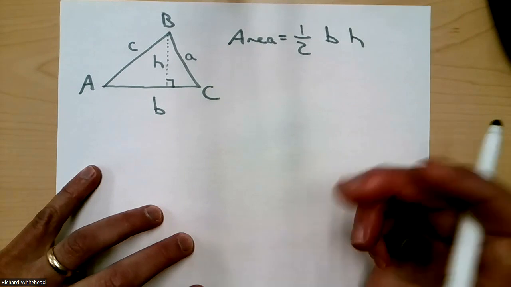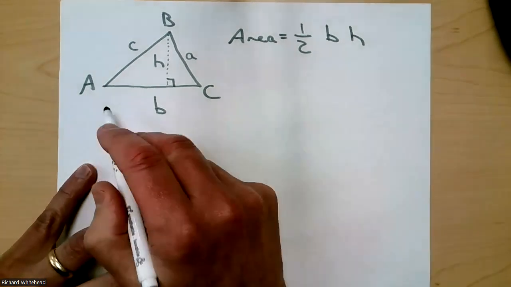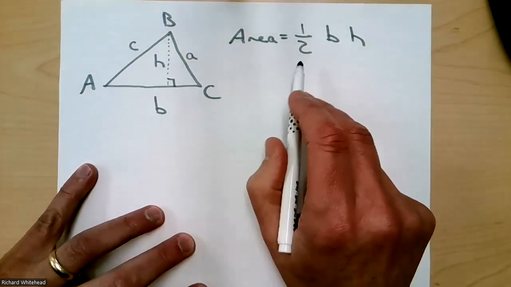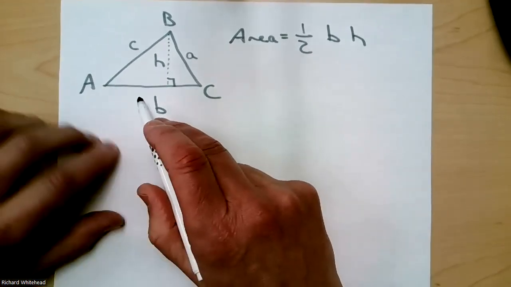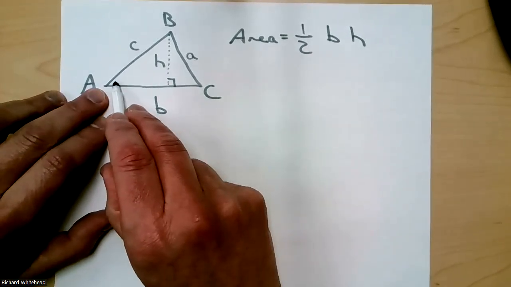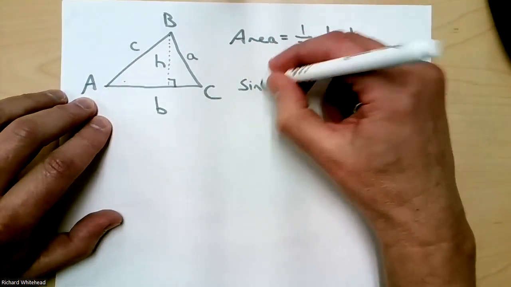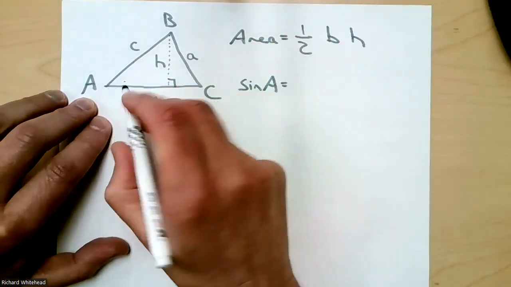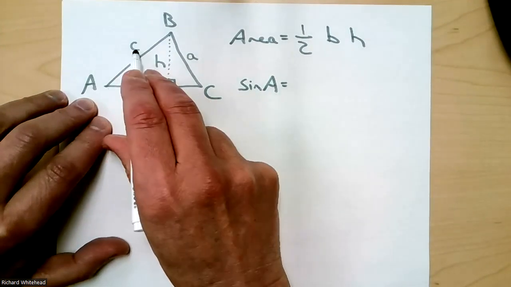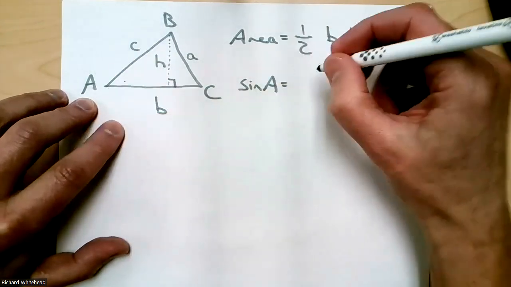So somebody figured out that, hey, wait a second. If the area is 1/2 the base times the height, well, check this out. The sine of angle A, so here's angle A, would equal H over C, opposite over hypotenuse.